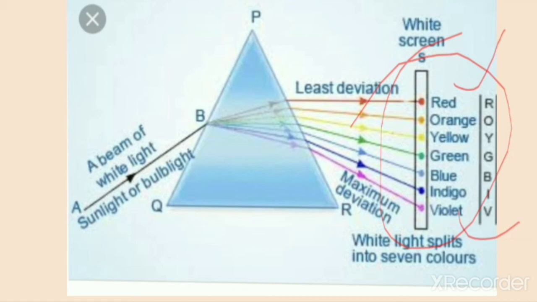Because red has the highest wavelength, it has the maximum speed, and violet has the lowest wavelength, so its speed is also less. If we talk about the refractive index, the refractive index of red color is least and the refractive index of violet color is more. Because of that, red color will deviate the least and violet color will deviate the most.